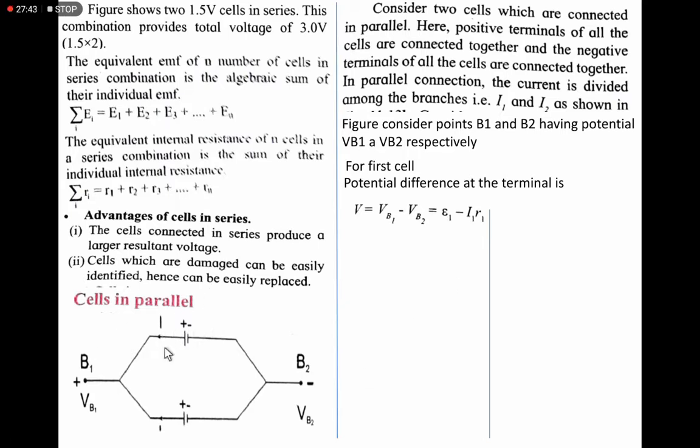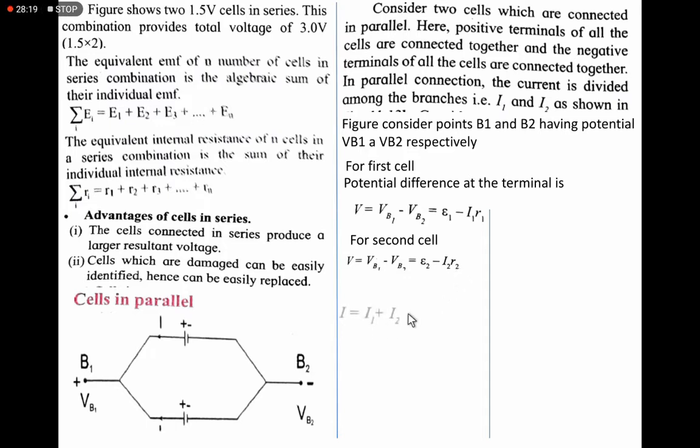I1 is the current through this cell. According to the internal resistance of the cell, which we studied in the previous article, V is equal to E minus IR. So for the first cell, E is E1, I is the current through the first cell, and internal resistance of the first cell is R1. Okay, and for the second cell we'll write VB1 minus VB2 is equal to E2 minus I2 R2.